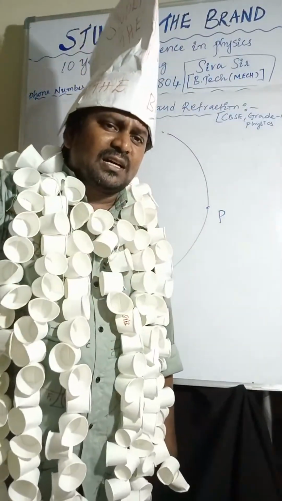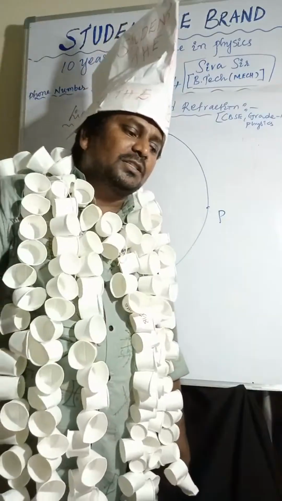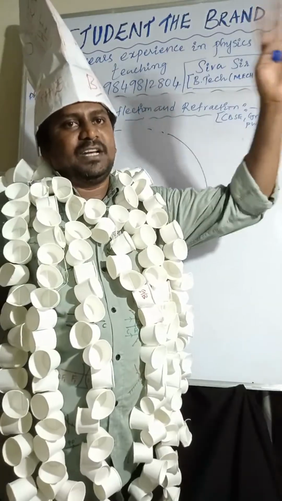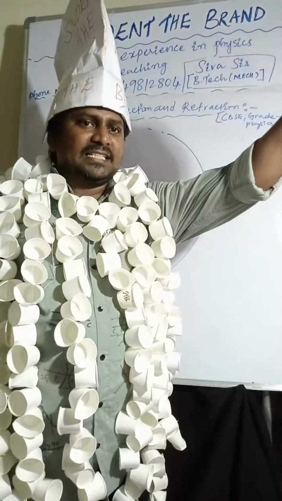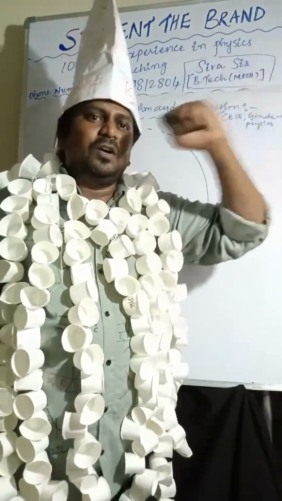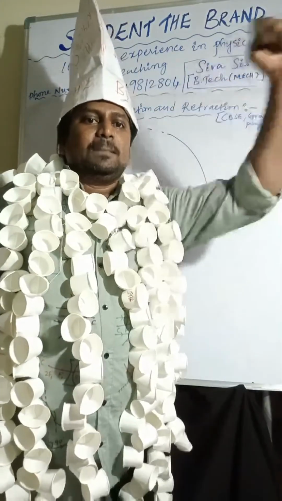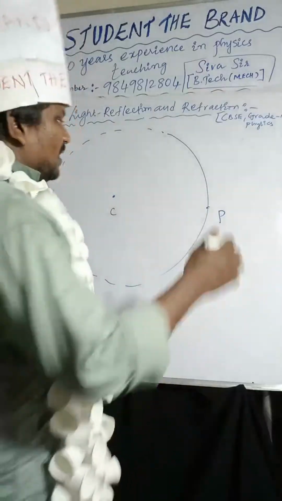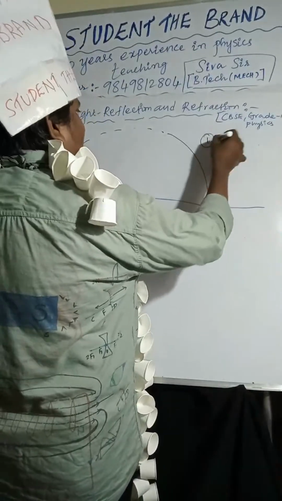The line joining the center of curvature and the pole is called the principal axis.